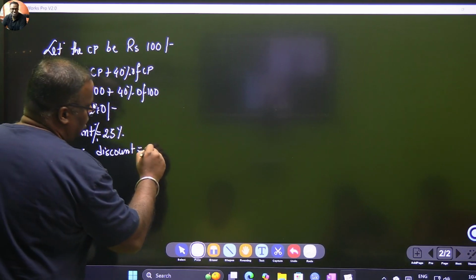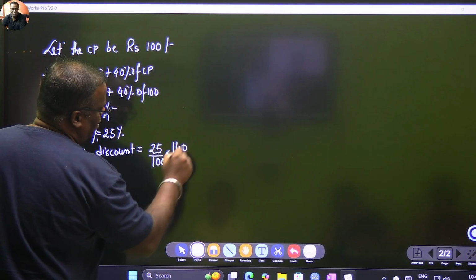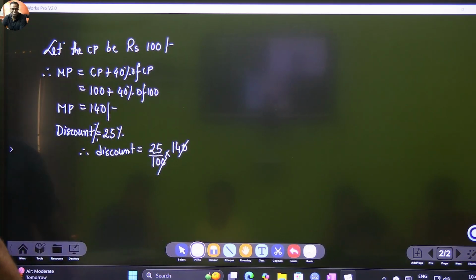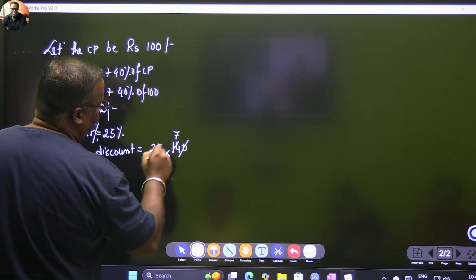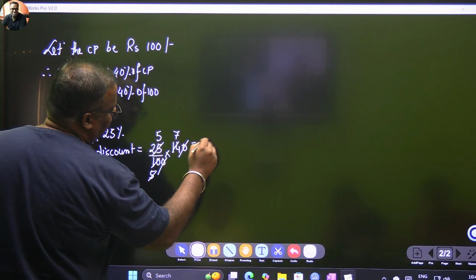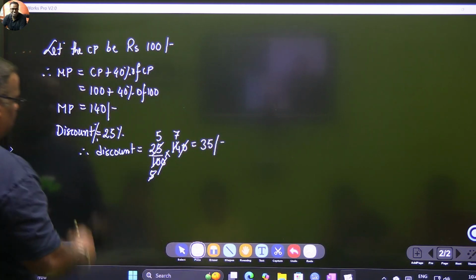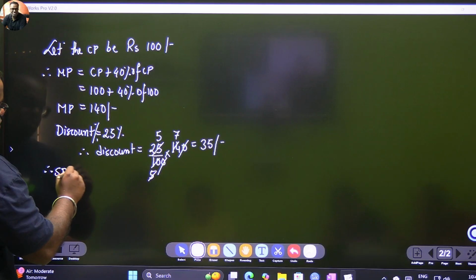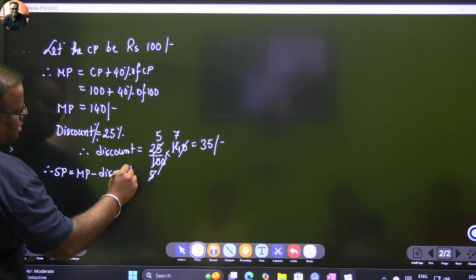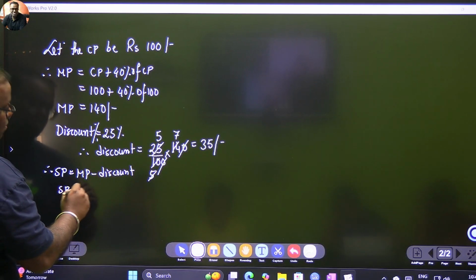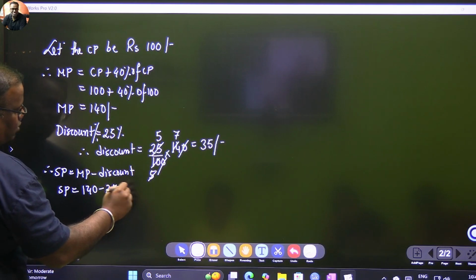Discount will be 25 by 100 into the mark price 140. 2 fives are 10, 2 sevens are 14, 5 fives are 25, 7 fives are 35. 35 rupees is your discount. Therefore, selling price will be mark price minus discount. We go by the same ladder. So selling price now becomes 140 minus 35, which is equal to how much?